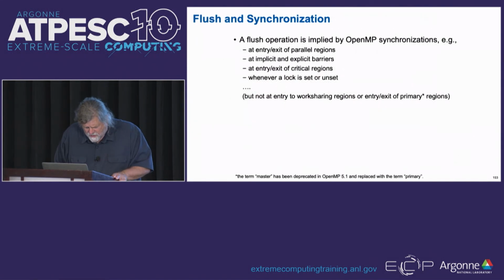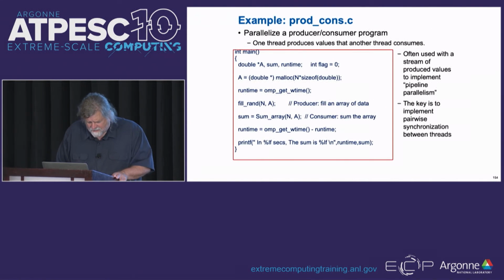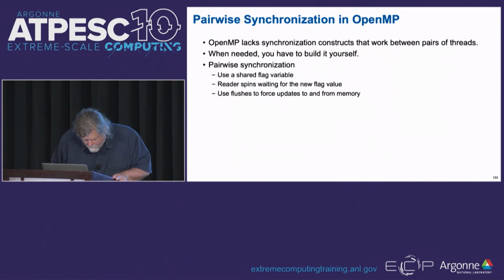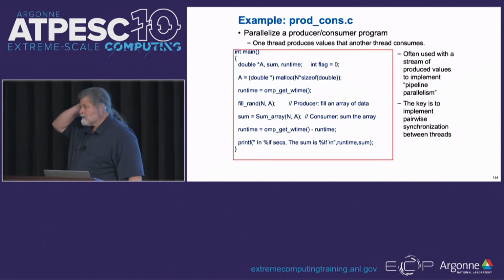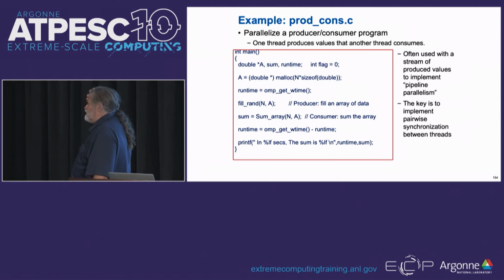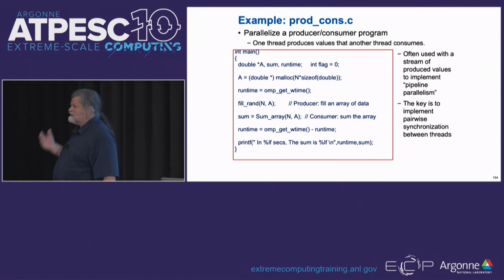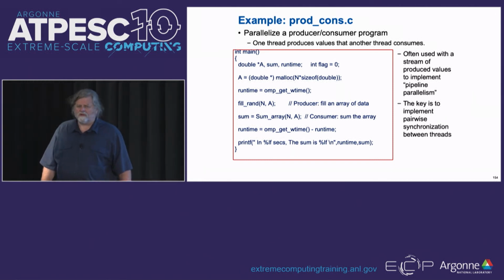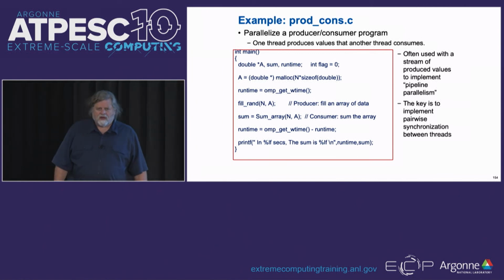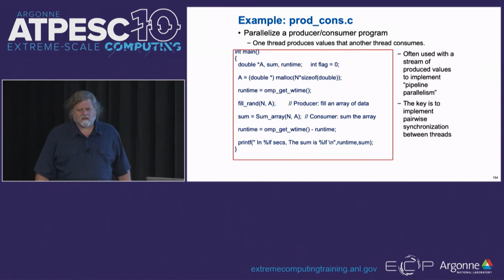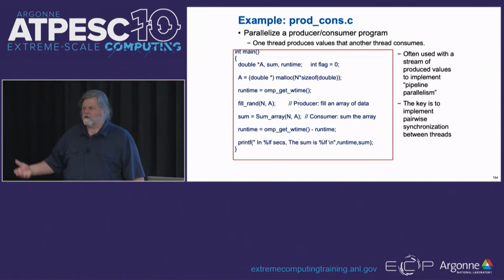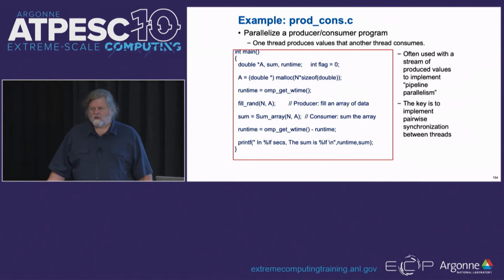Remember when I told you about the flush, and we talked about flush. There is a synchronization pattern, not so common in OpenMP, but common in writing multi-threaded concurrent code: the producer-consumer pattern.